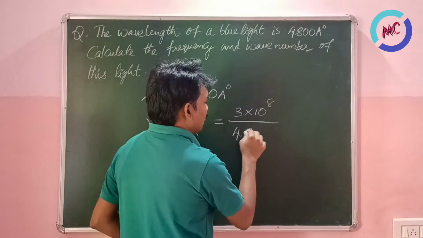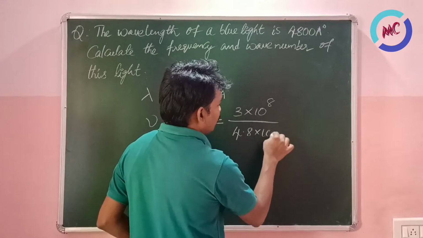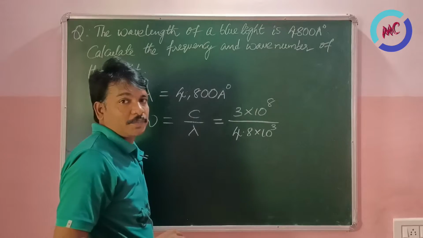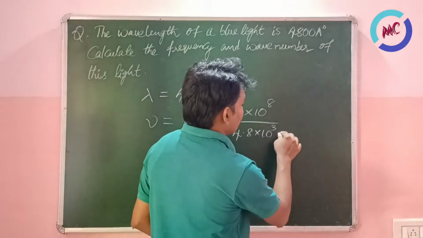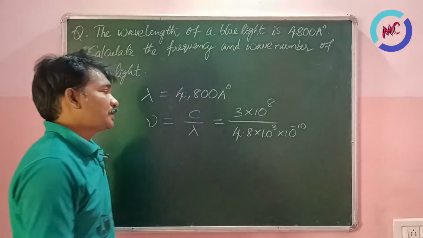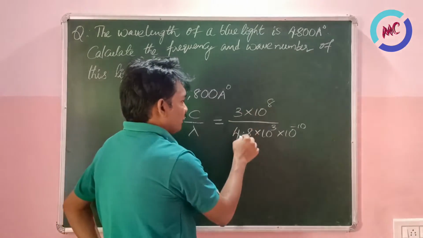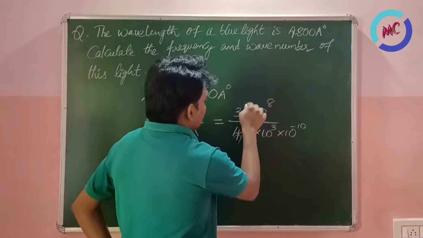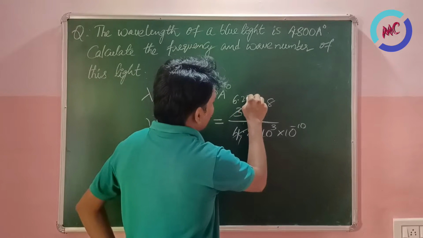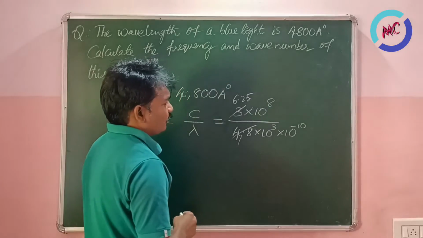4800 in the sense we can write it as 4.8 into 10 to the power of 3, and 1 angstrom is equal to 10 to the power of minus 10 meters. See here, if you simplify 3 by 4.8, we will get around 6.25.